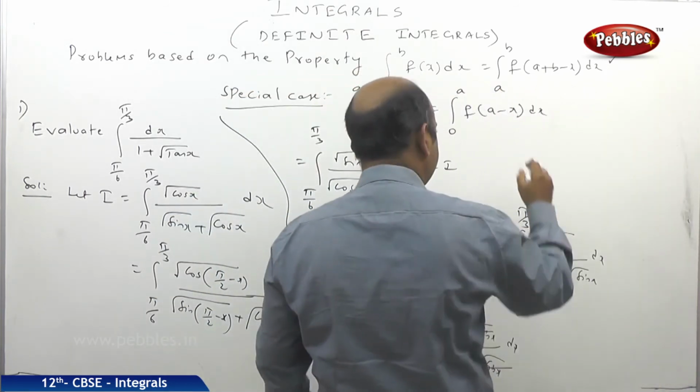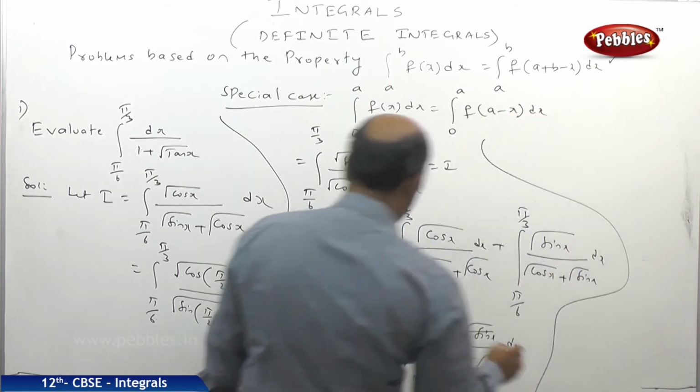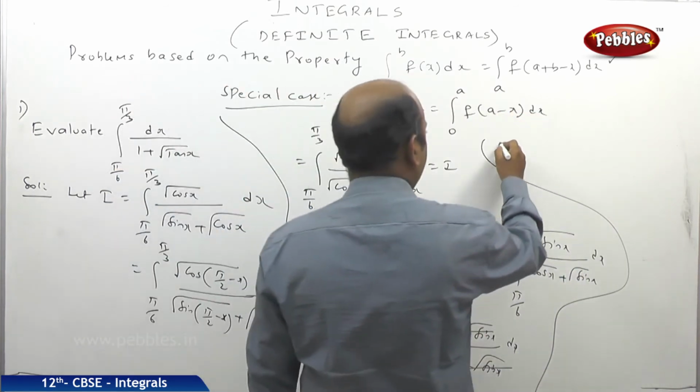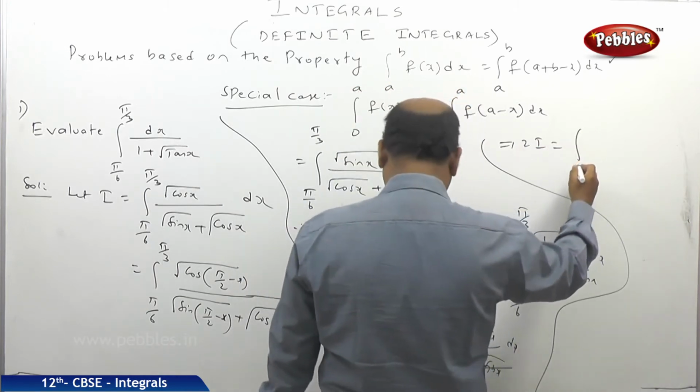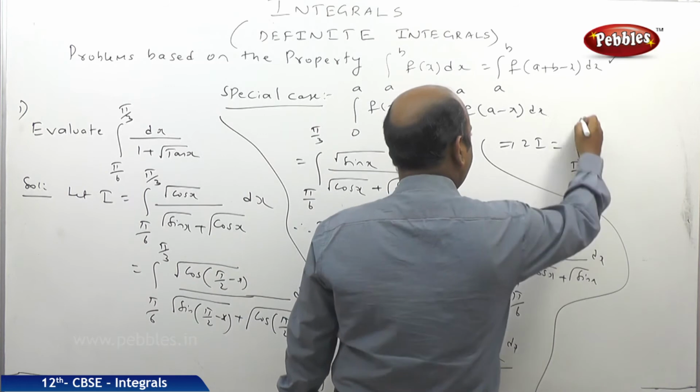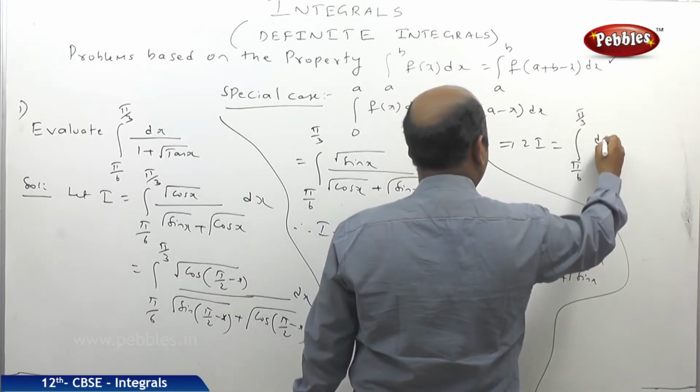Both will be getting cancelled. So finally what remains? I plus I means 2I. That means 2I is equal to integral of pi by 6 to pi by 3 dx.